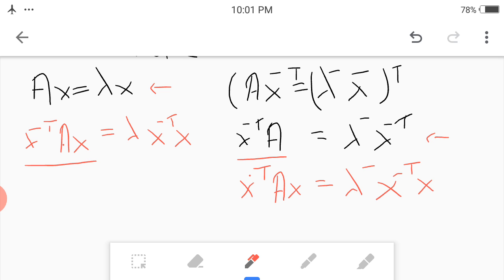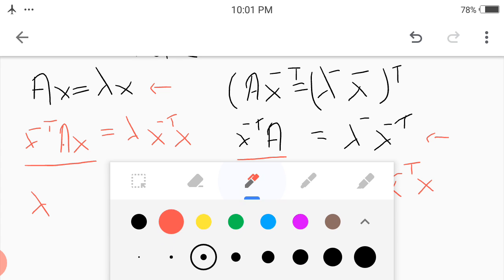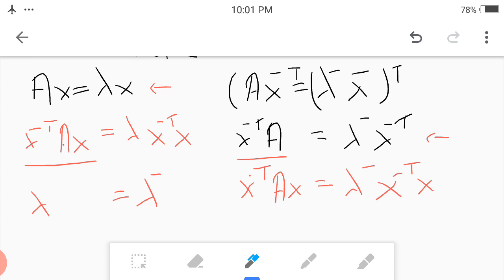So you can now equate both the right hand sides. What does this in turn mean? Since these two are the same, it means lambda equals lambda bar, which is possible only if they are real values, not if they are complex values.